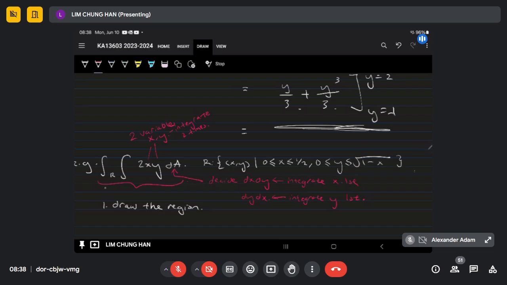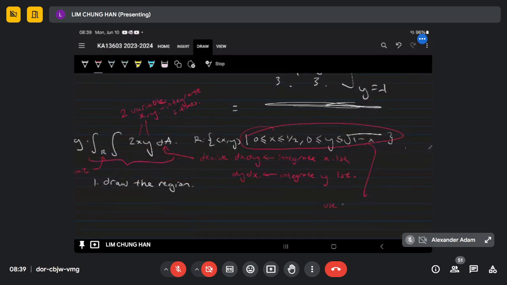And then this r is the region which you use to find the limits. Now, this is not the limits. This is what you use to find the limits.